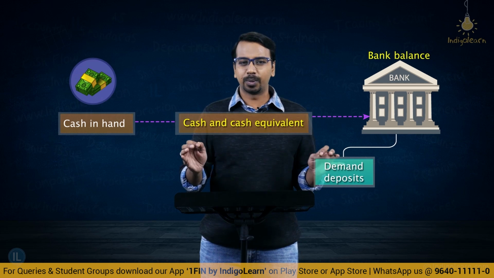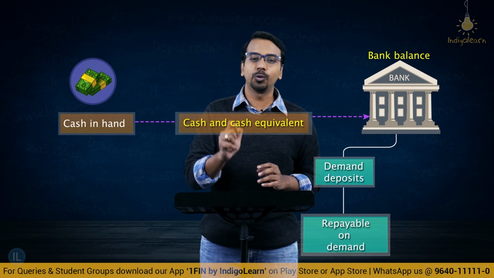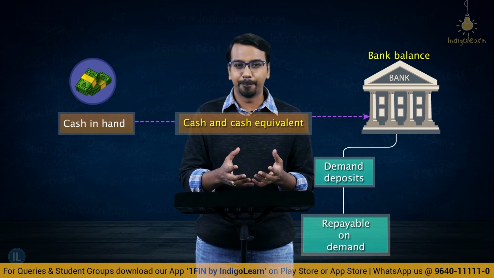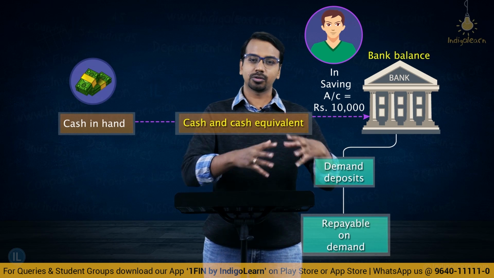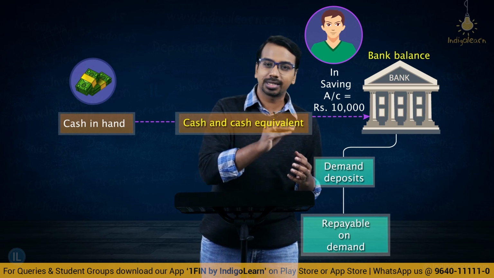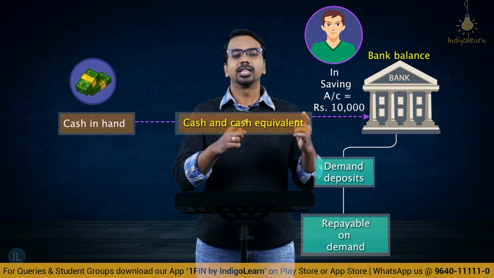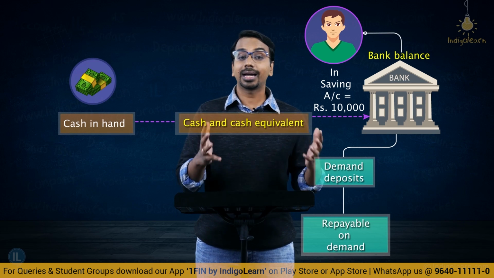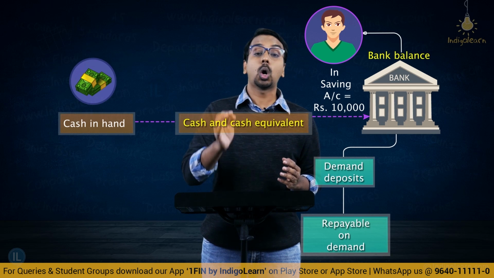To put it very simply, demand deposit is a deposit which has to be repaid to you on demand. For example, you deposit 10,000 rupees in your savings account today. Okay, so you have opened a savings account where you have deposited 10,000. Tomorrow when you go to the bank and ask the money back, the bank will have to pay you back. The bank can't say that I will not pay you, because the amount is repayable on demand.